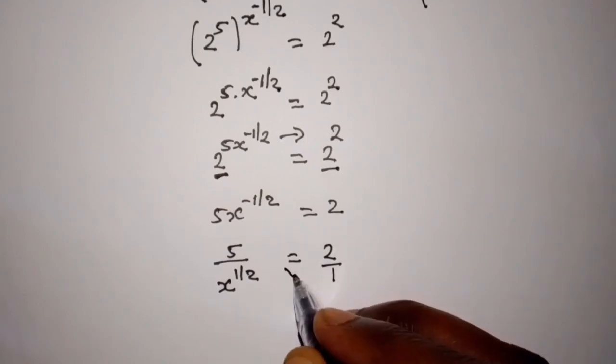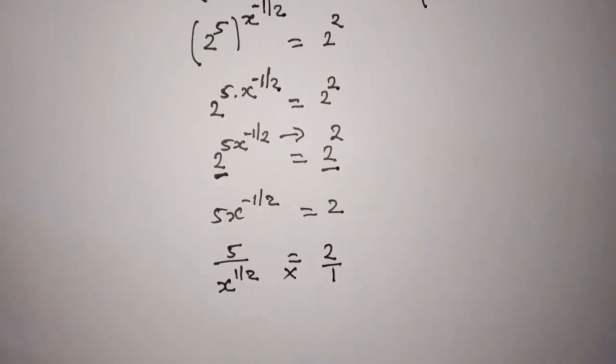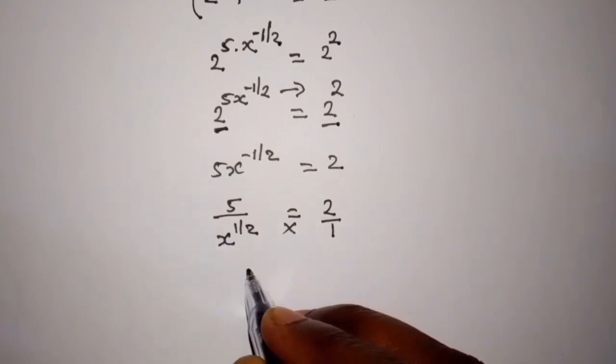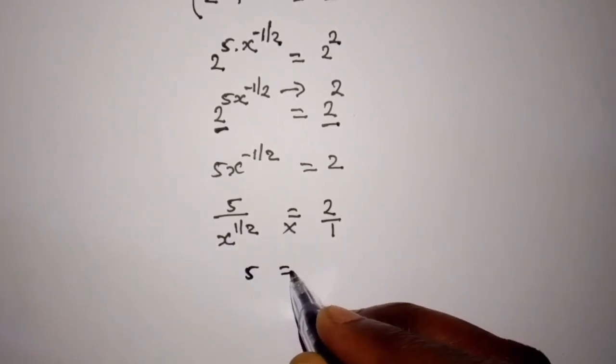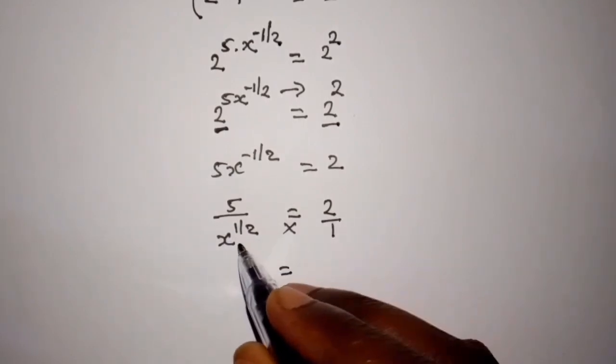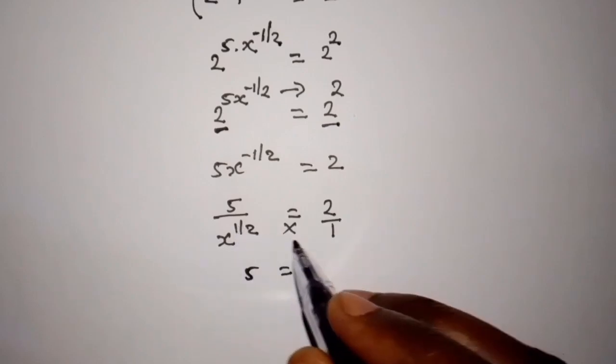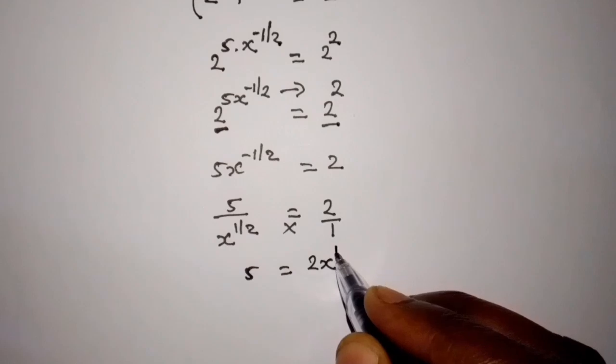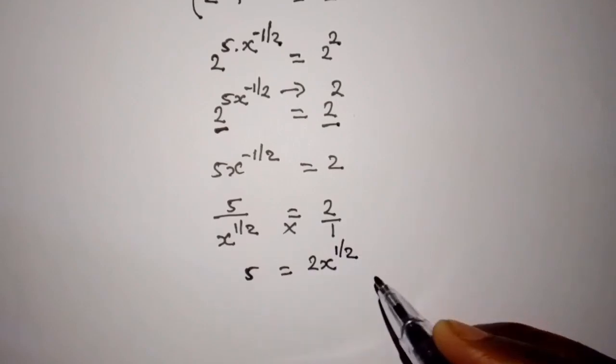We can cross multiply. 5 times 1 is 5. 2 times x power 1 over 2 is 2x power 1 over 2.